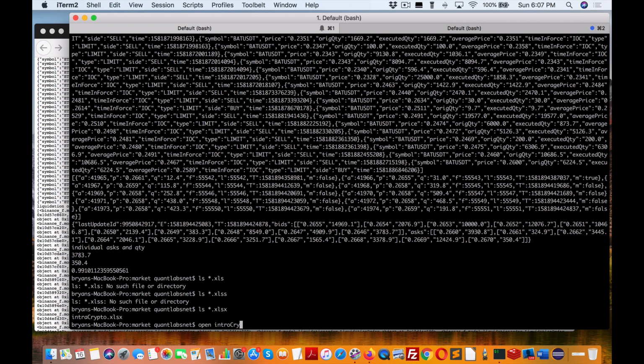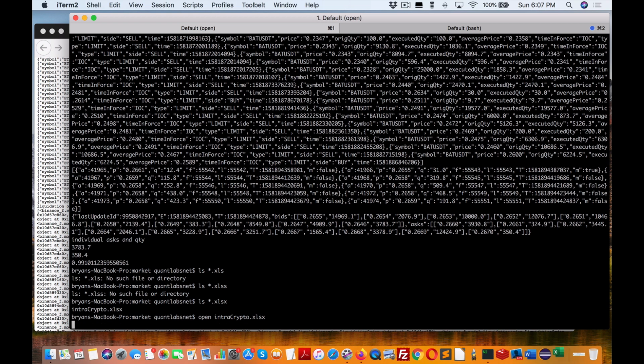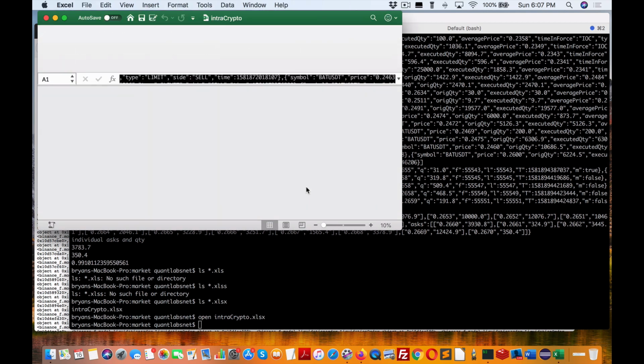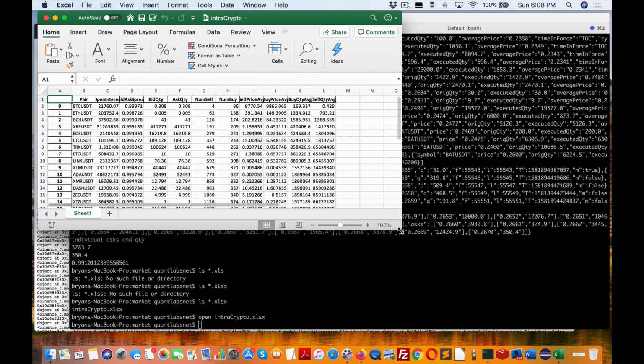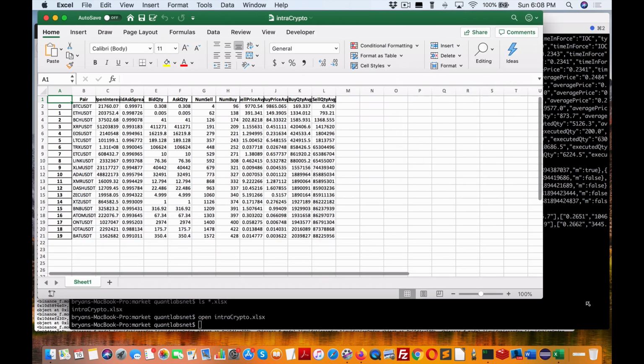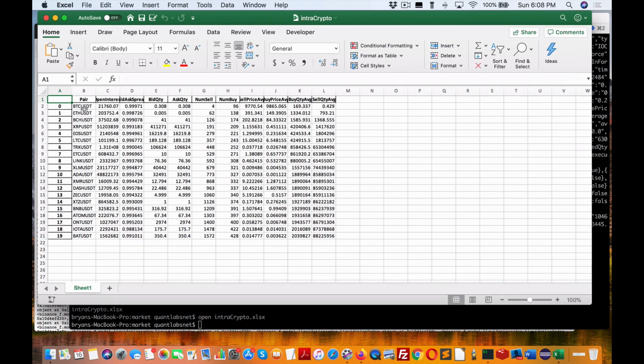What I'm about to show you is really important because there are 19 different crypto pairs that are part of the Binance futures market. Here I've condensed everything into one spreadsheet. So we have all the different pairs that I mentioned, plus the open interest, no different than any other market.